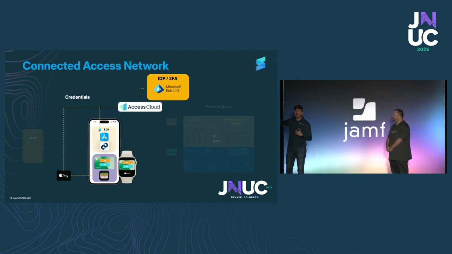So we connect to an IDP through SCIM, and we use modern authentication protocols. You're able to do anything that you need to validate that that user is who they say they are with two-factor.